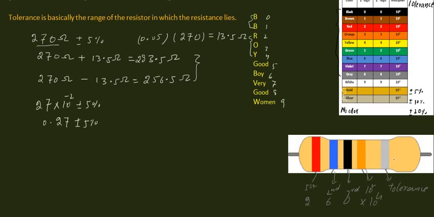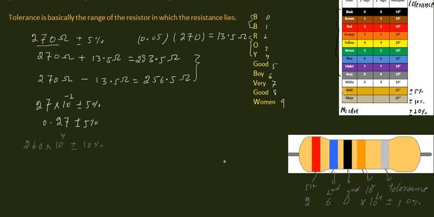The last one is the silver color, which represents the tolerance, and we know that the tolerance of silver is plus minus 10%. So the value of this 5 band resistor is 260 multiplied by 10 raised to the power 4 plus minus 10%.